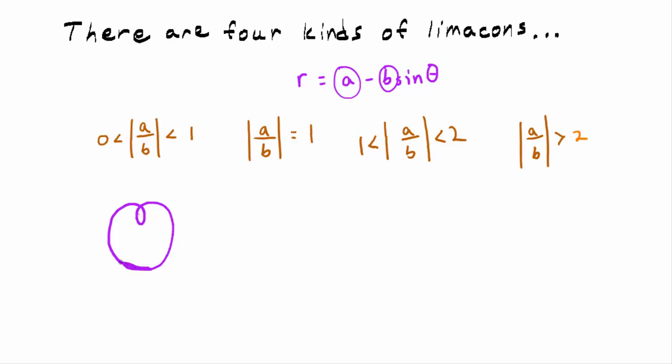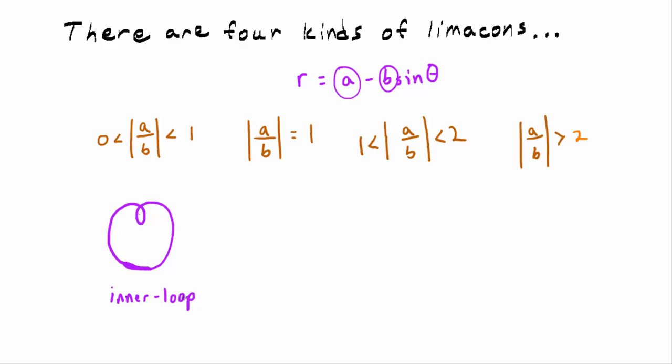Kind of looks like an apple. But as the absolute value of A divided by B increases, the loop shrinks down. Eventually, it just becomes a cusp. This first one is called an inner loop limacon.